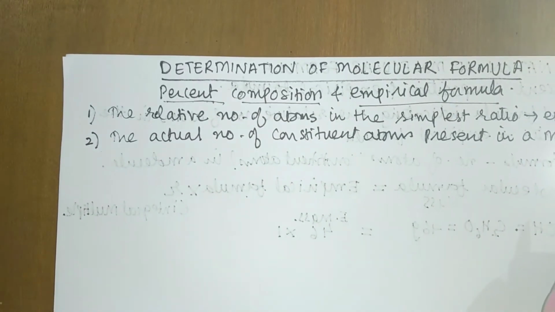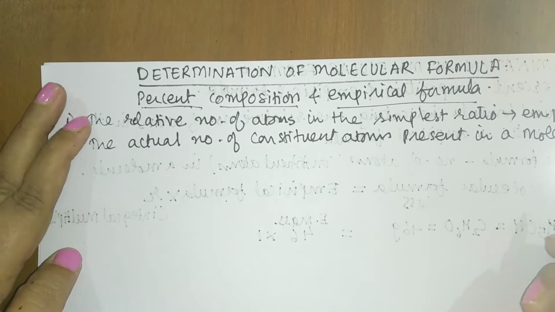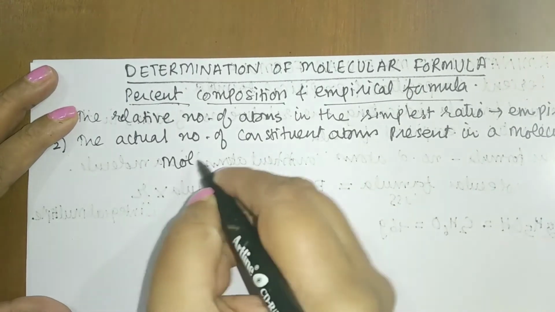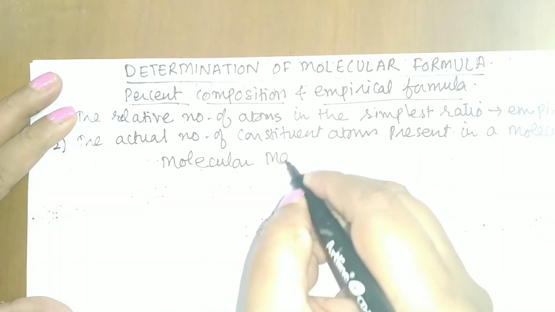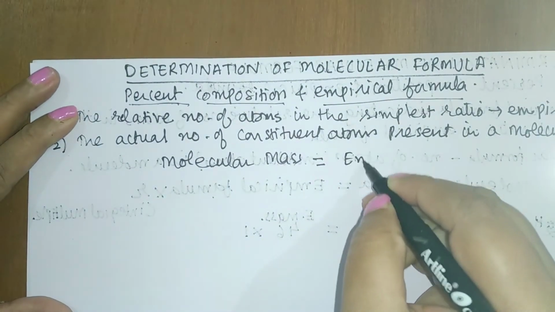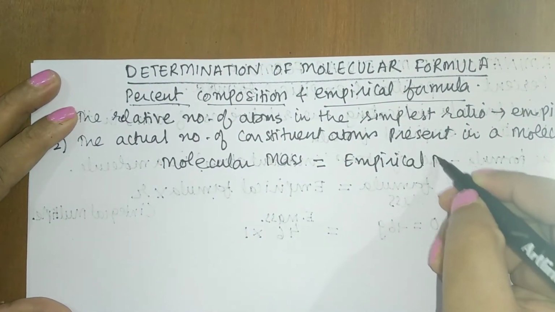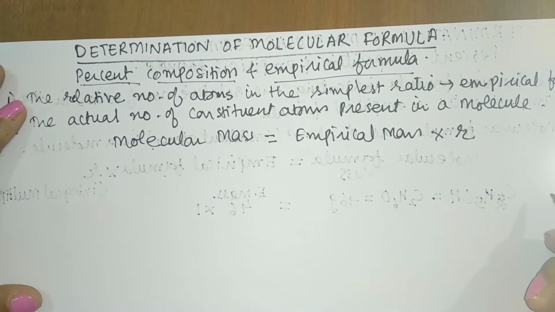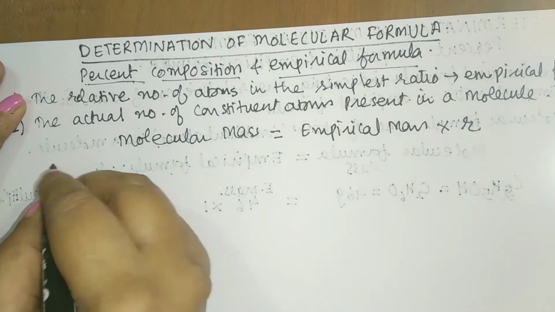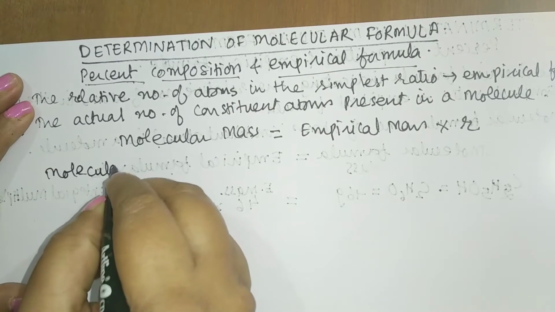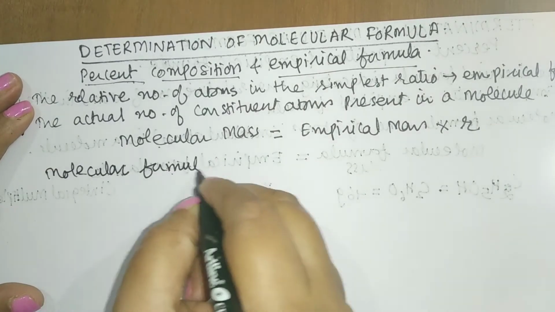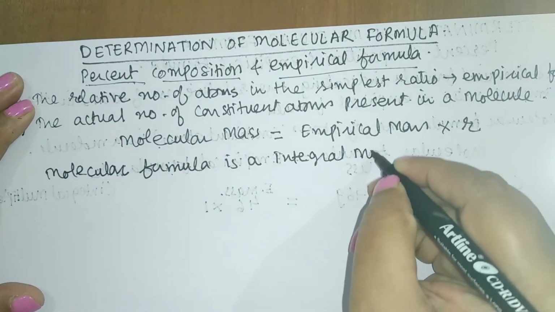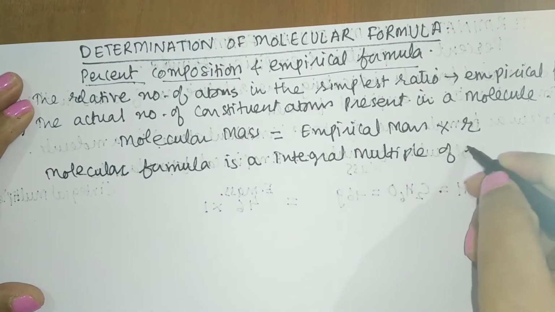Now, by calculating the molecular formula and the empirical formula, we calculate their corresponding masses and thus we have a formula: molecular mass of any molecule is equal to empirical mass multiplied by R. Now what is this R? This R is an integral multiple. So we can say that molecular formula is an integral multiple of empirical formula.